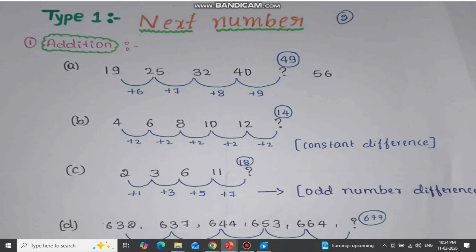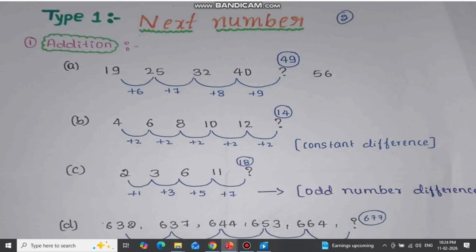To 25 we add plus 7 and we get 32. To 32 we add plus 8 and we get 40. So the pattern is plus 6, plus 7, plus 8. Again, to 40 we add plus 9 and we get 49. So that is addition.